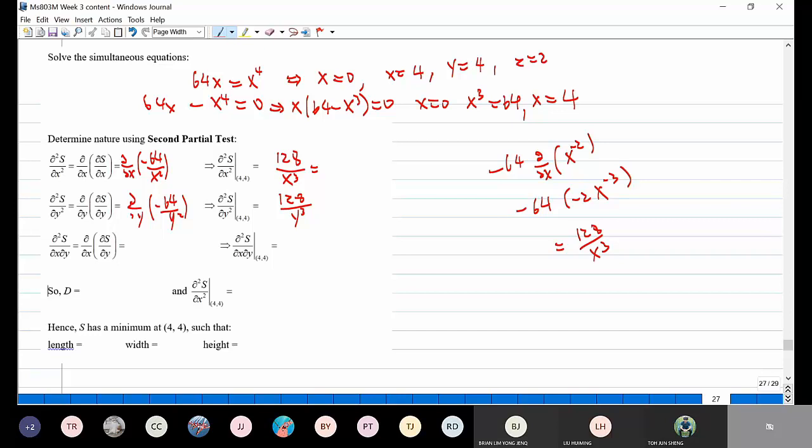You get 2. And how about differentiating x and y? You differentiate y first and x you get 0, right? Because if you differentiate y first with 64 plus 64 over y squared, and then differentiate with respect to x again, there's no more, right?